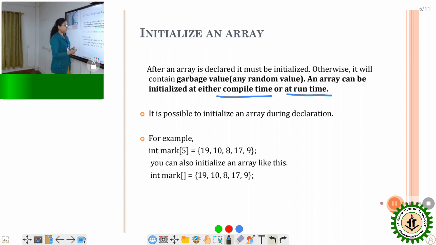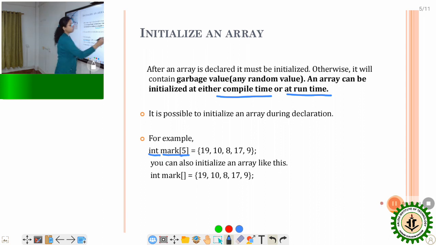Here you look at the declaration and initialization all together. Here integer is the data type, marks is the variable name, means array name, and 5 is the size. And the initializing value, which value we put into the array position.